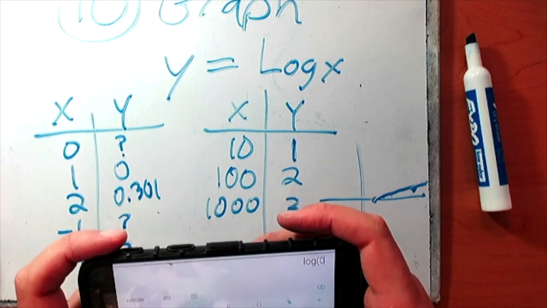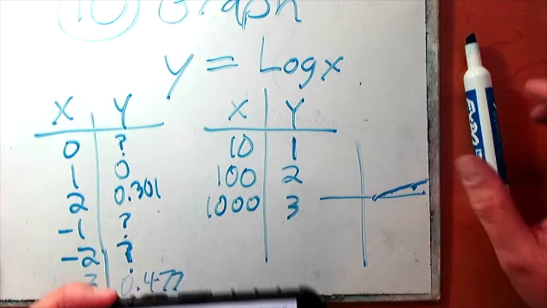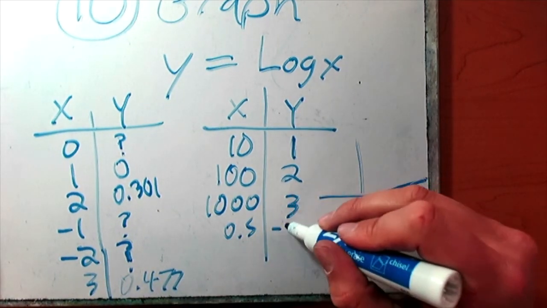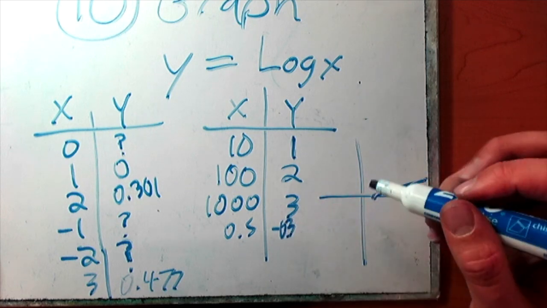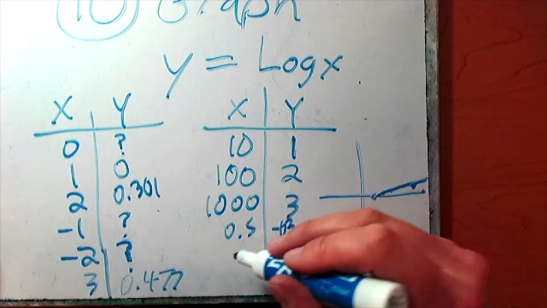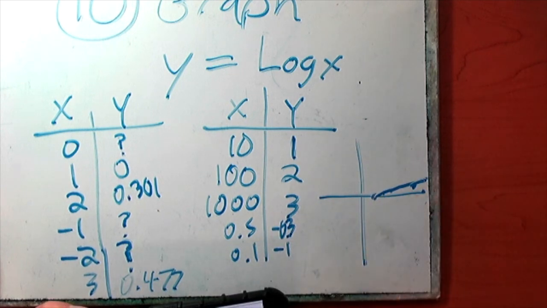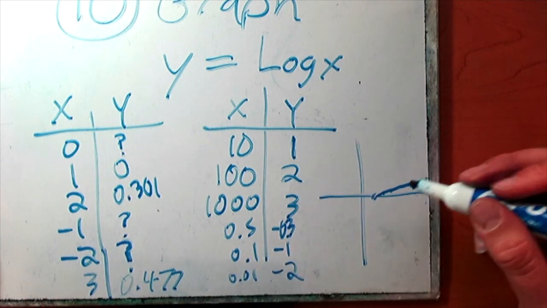Okay, cool. 0.5 gets me negative 0.3. Okay, what if I do something even smaller, like 0.1? Oh man, 0.1 gave me negative 1. And 0.01 gets me negative 2.